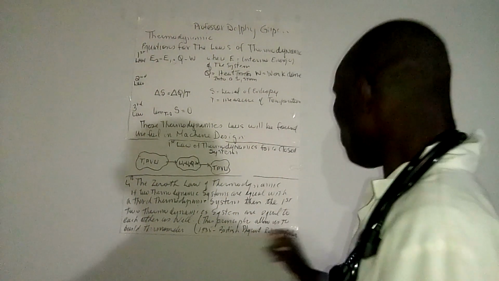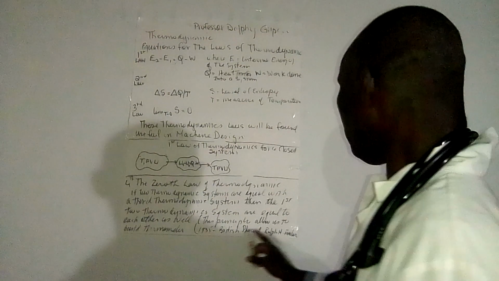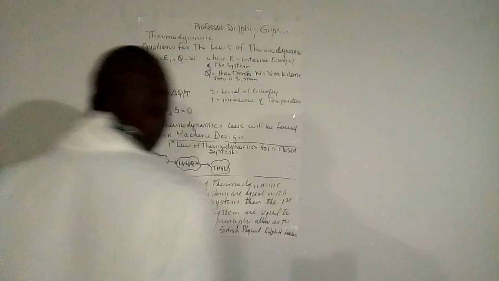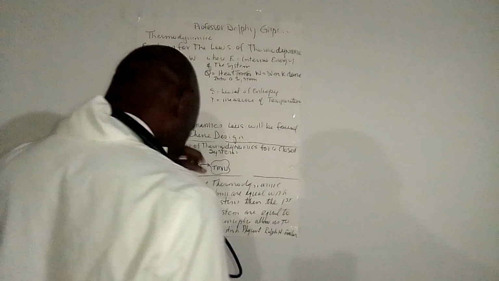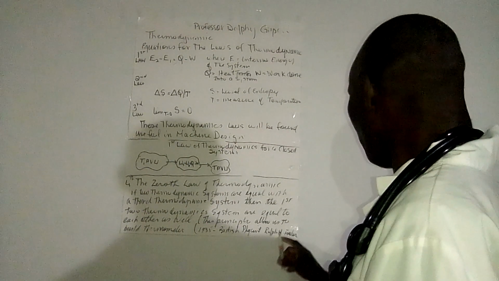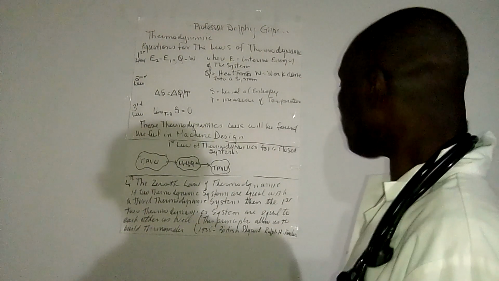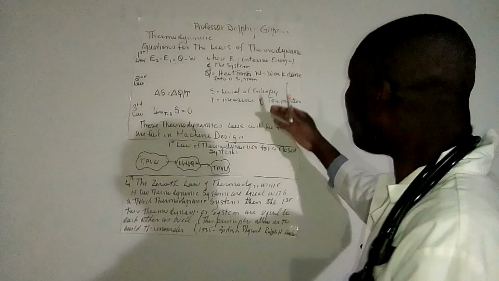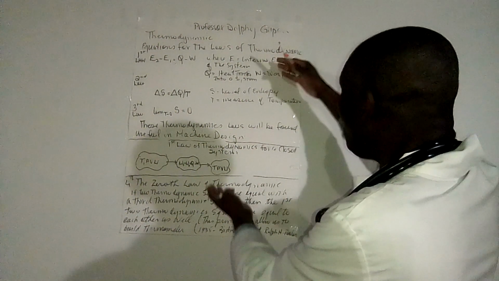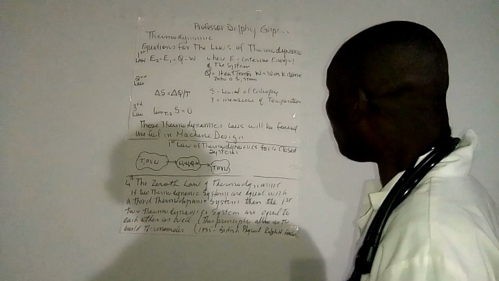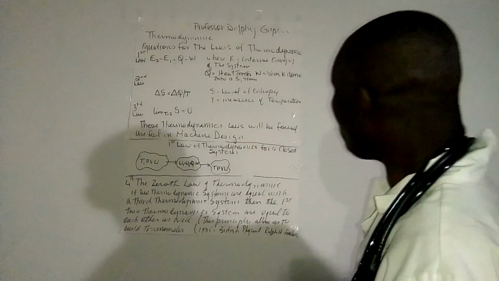This principle will be applied in thermometer design. This Zeroth law was credited to the British physicist Ralph H. Fowler, 1935. So there we have it, a brief overview of the first three laws, and then the fourth law, which results from the first three laws, called the Zeroth law.